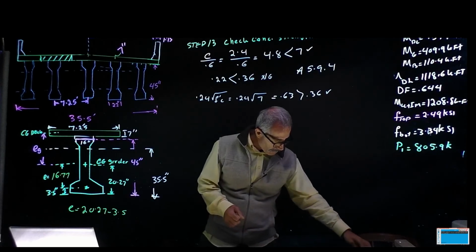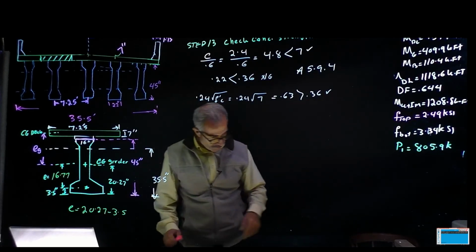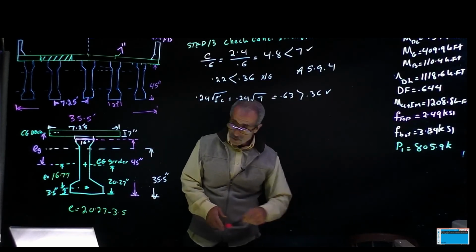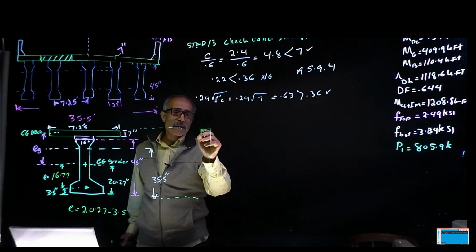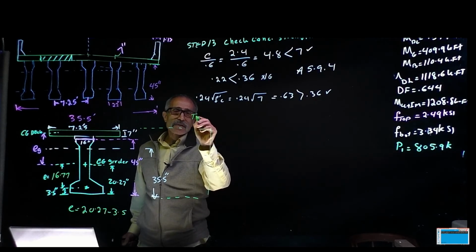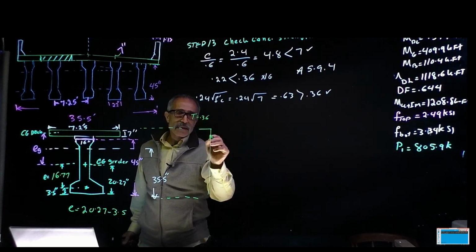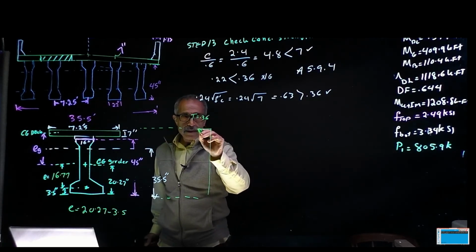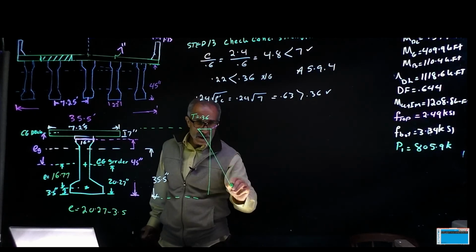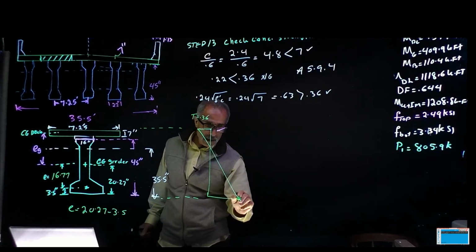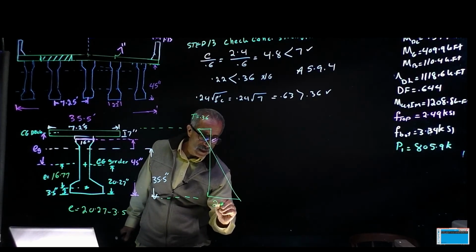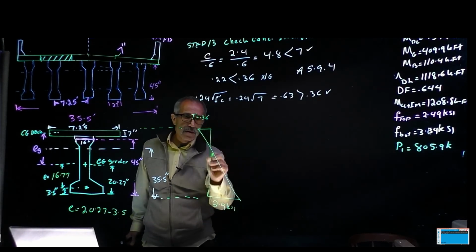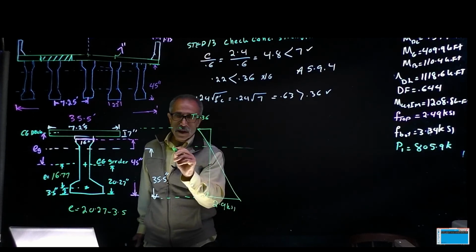So if we calculated the tension was equal to 0.36, this is going to come down like that. And our compression, we calculated, was 2.9 KSI. So that means this is our plastic neutral axis.